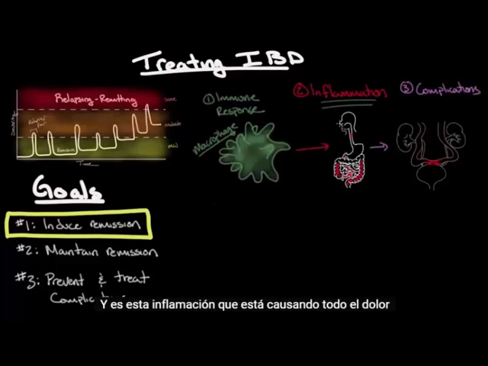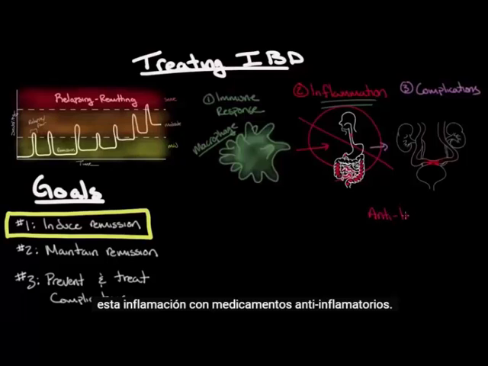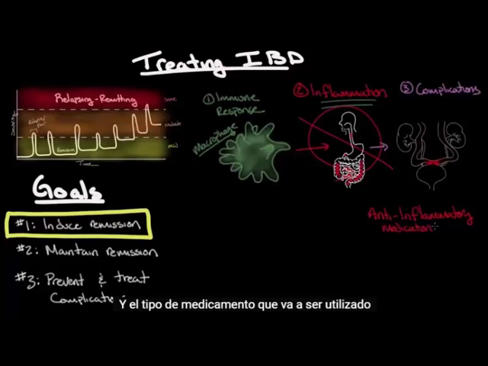And it's this inflammation that's causing all of the pain and discomfort for someone with inflammatory bowel disease. And because of this, the primary mechanism by which we can induce remission is to directly treat this inflammation with anti-inflammatory medications. And the type of medication that's going to be used will likely depend on this severity here.